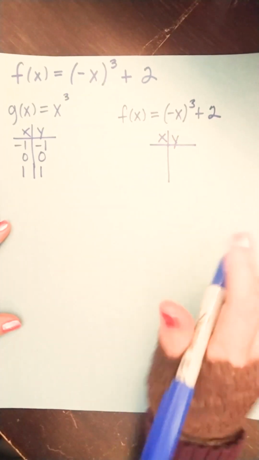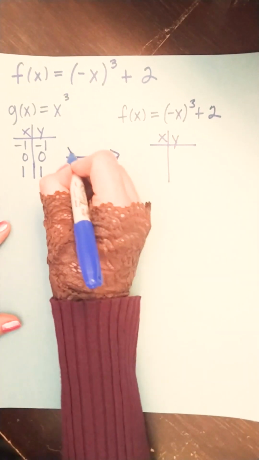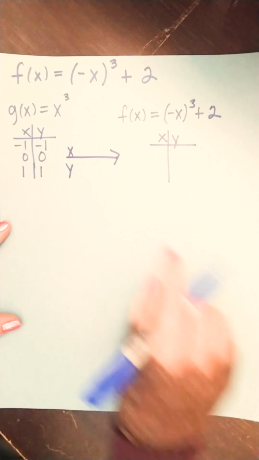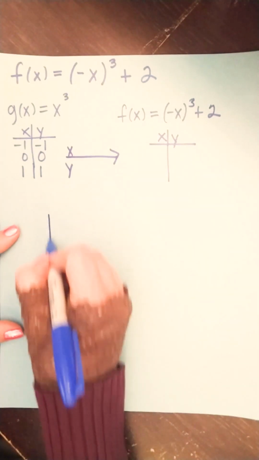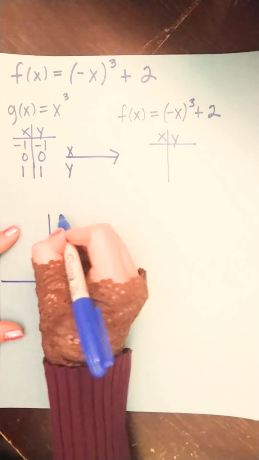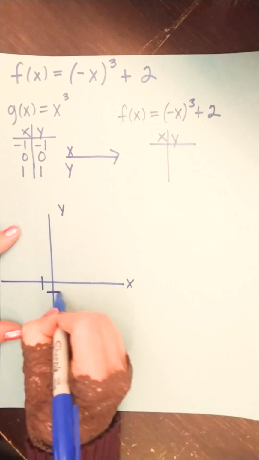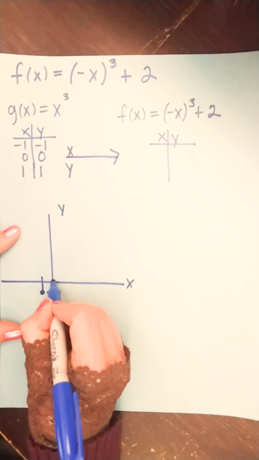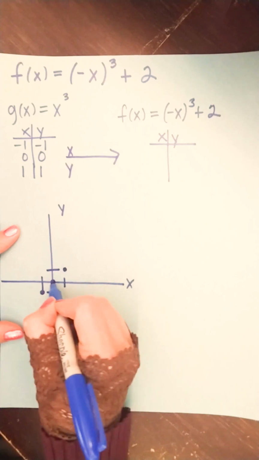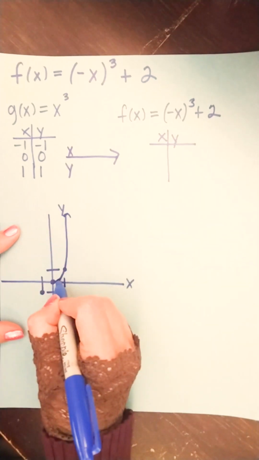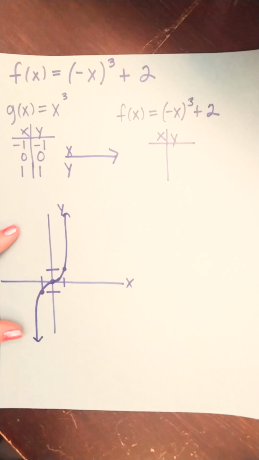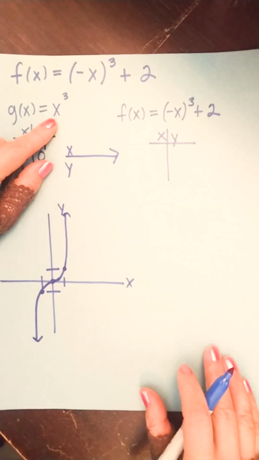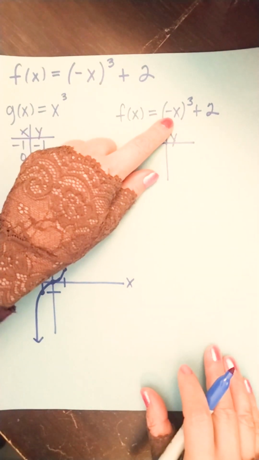So I'm going to write some points for this one as well. And then I'm going to put the arithmetic here that's going to do my transformation for me. So if I just place these points here for my starting function, and of course these dots connect that way. So what I'm going to do, if I look at the x, from here to here, my x's were multiplied by negative 1.